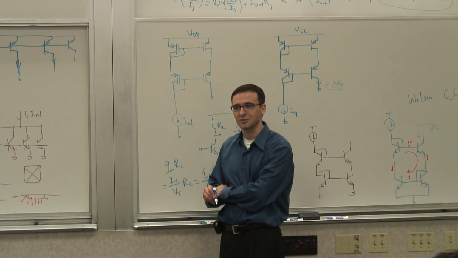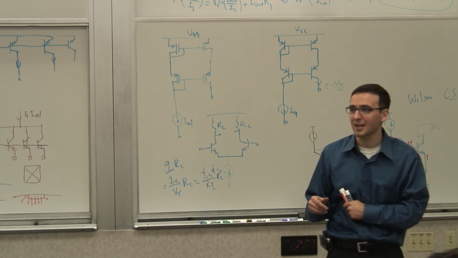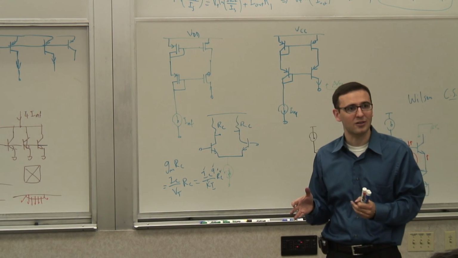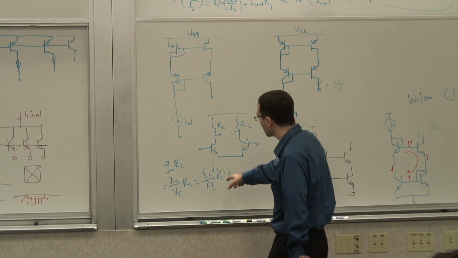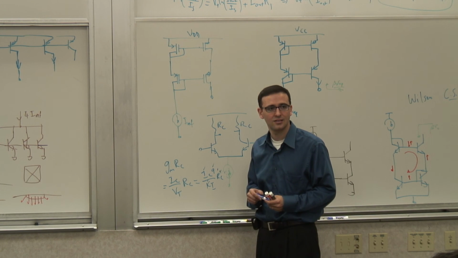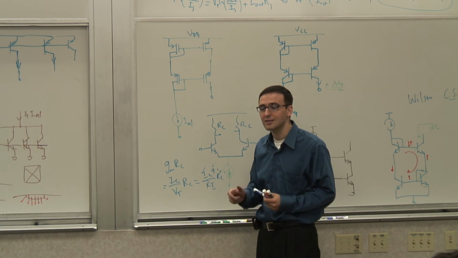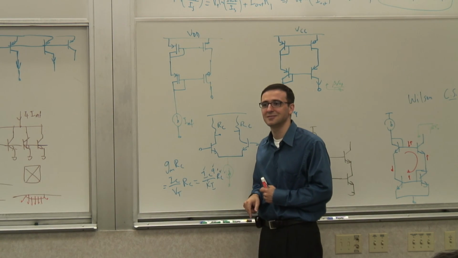This varies with temperature. So although I'm going to show you all sorts of things, it's not necessarily enough to make the current constant. In fact, for this, you want a non-constant current. You want a current that's proportional to absolute temperature, or a PTAT. You want a current that actually increases linearly with temperature. And if you do that, then these guys cancel.